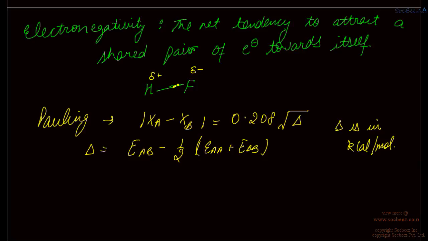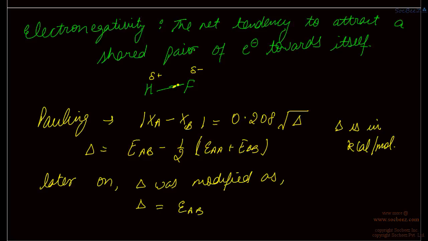Later on delta was modified as delta equals EAB minus under root of EAA times EBB.